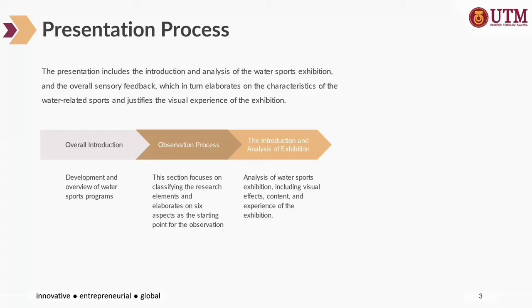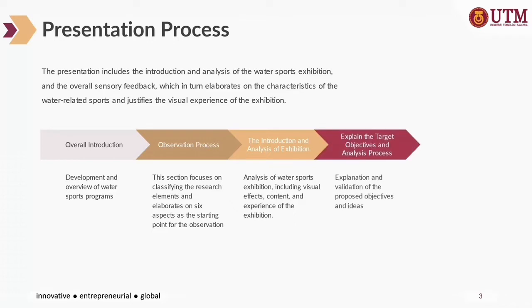This part is also devoted to feedback on the exhibition layout, which includes an explanation of the composition and the layout of the water sports exhibition, the information covered and other elements, as well as feedback on the perceptions of the water sports exhibition. And the fourth part is the explanation of the target objectives and analysis process.